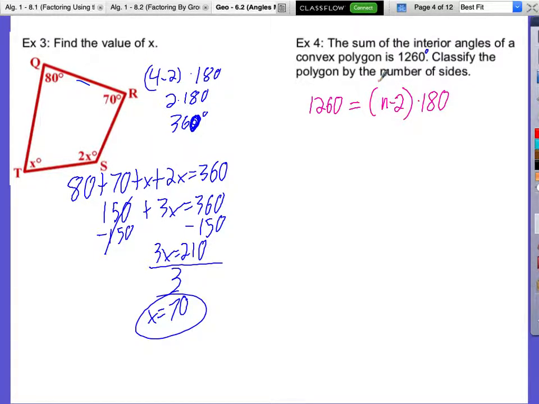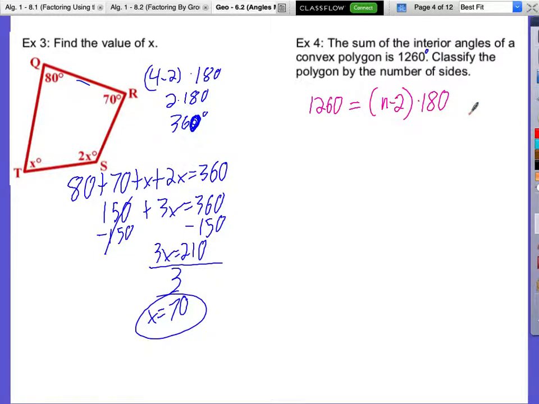It's all going to equal that anyway. Can someone else try and say something better, please? Okay, so since the entire interior measure is equal to that, the n minus 2 times 180, that is the equation to figure that out.